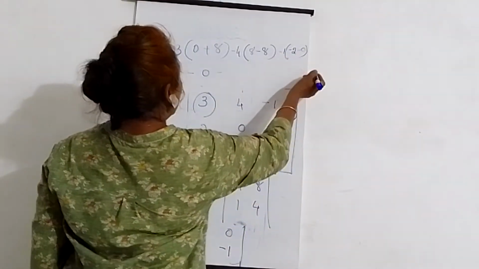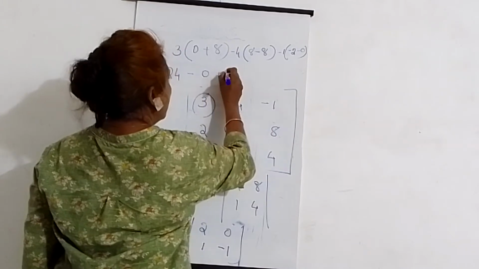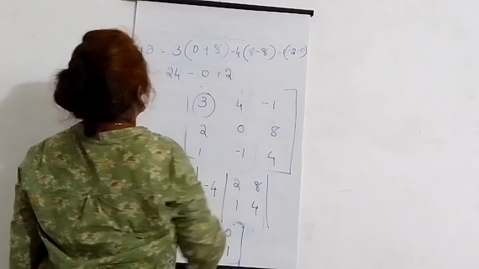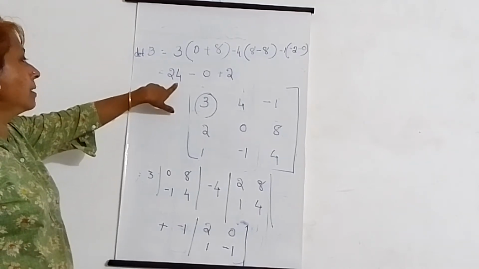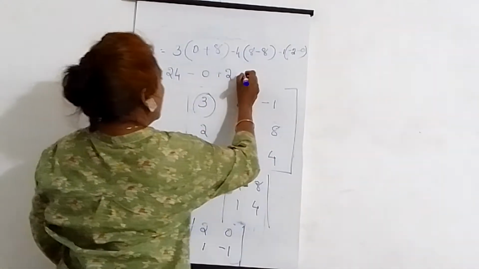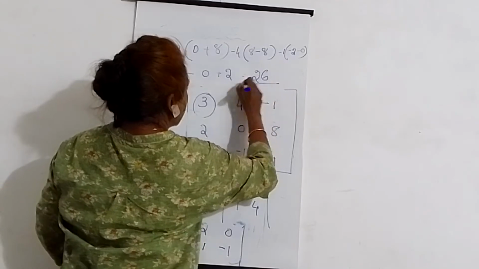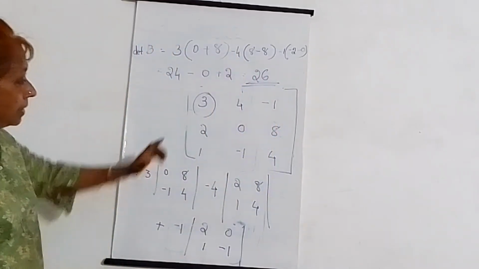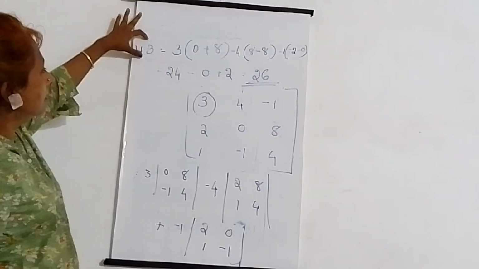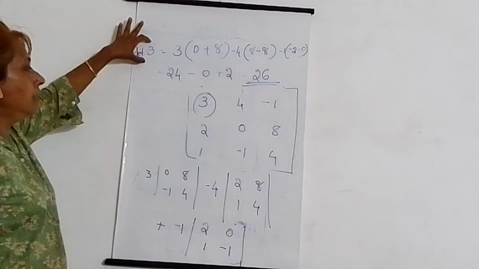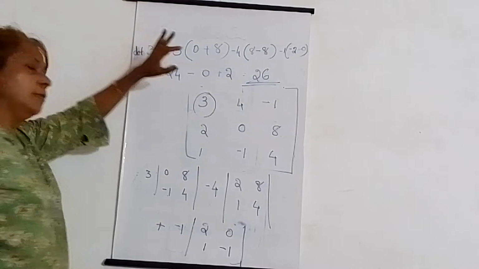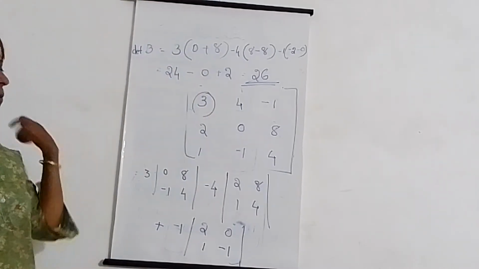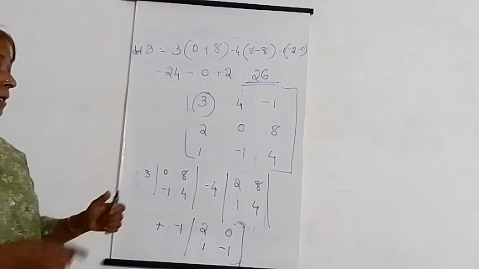So negative 1 into negative 2 becomes positive 2, isn't it? So what we are going to get is 24 plus 2, which is 26. This is the value of the determinant for the matrix which is given as 3 4 -1, 2 0 8, 1 -1 4. Okay, this is how we are finding the determinant.